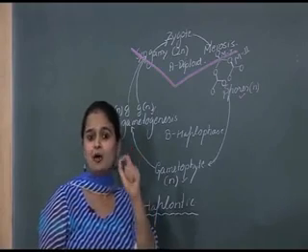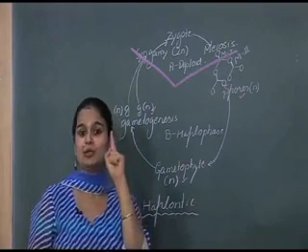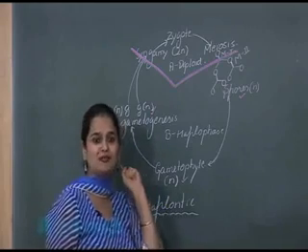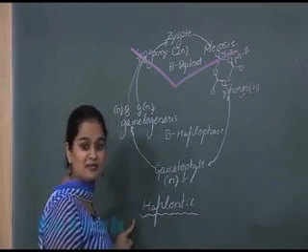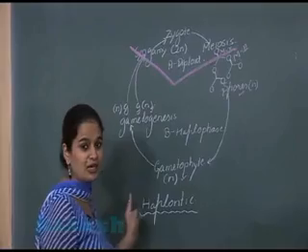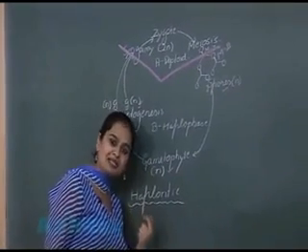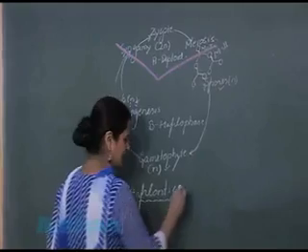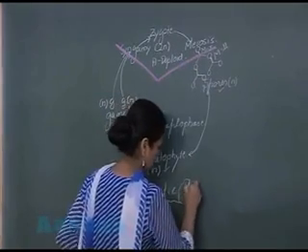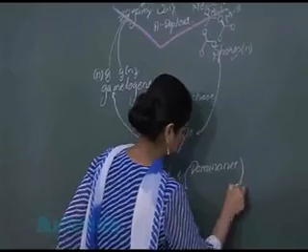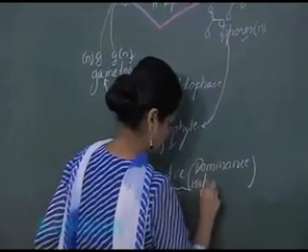So when the diploid phase is represented by only one cell and there is dominance of haploid phase, such type of life cycle pattern is known as haplontic life cycle. तो haplontic life cycle के अंदर क्या important feature है? Dominance of haploid phase.